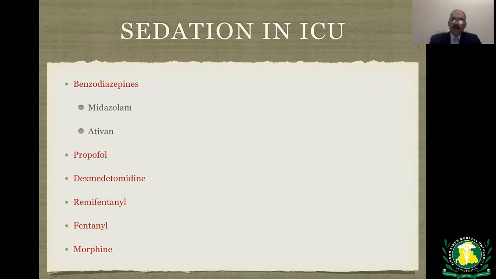Benzodiazepines tend to cause more delirium and increase ventilator days and ICU stay, while propofol and Precedex are short-acting, easily titratable, and cause less delirium. Remifentanil is used as a sedative mostly in a surgical intensive care unit.